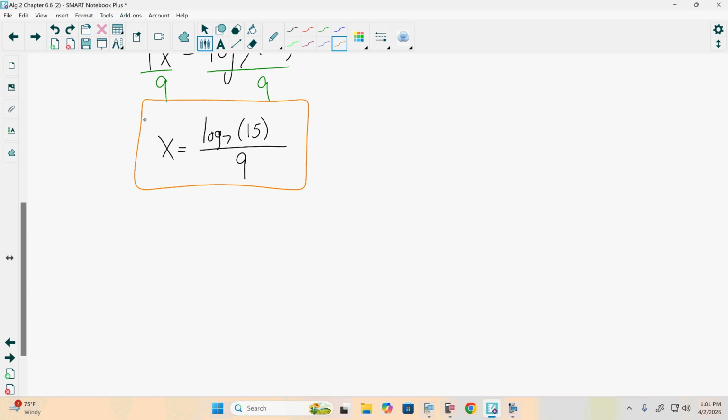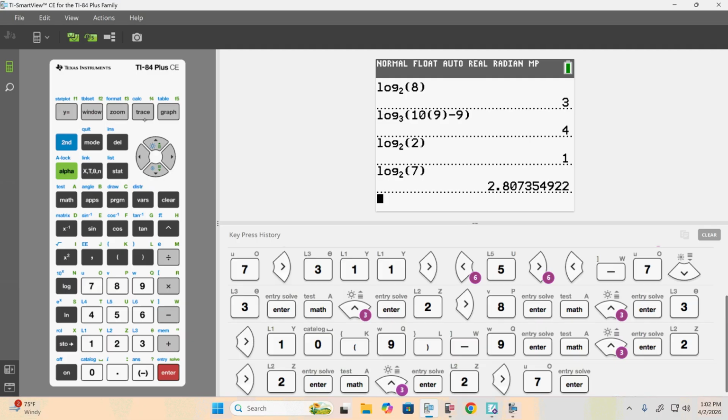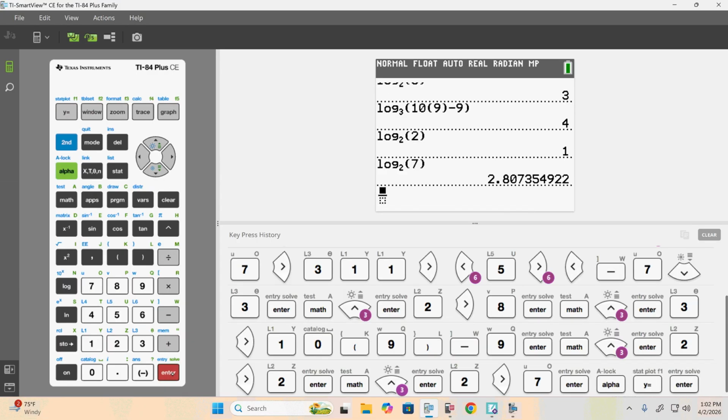But this here, log base 7 of 15 divided by 9, is the solution, the value of x that would make this true. And if we wanted to find the decimal approximation, we can go alpha y equals, enter, math.